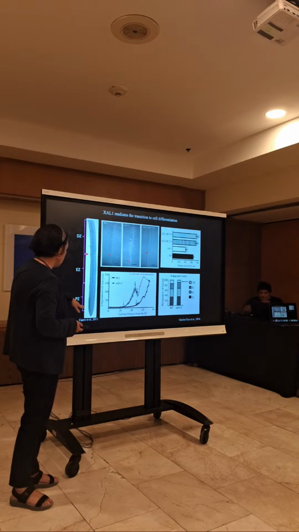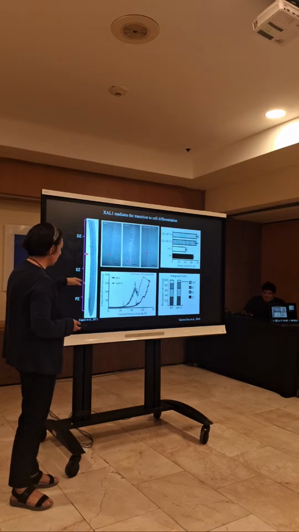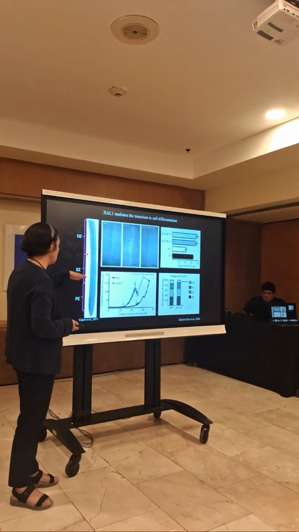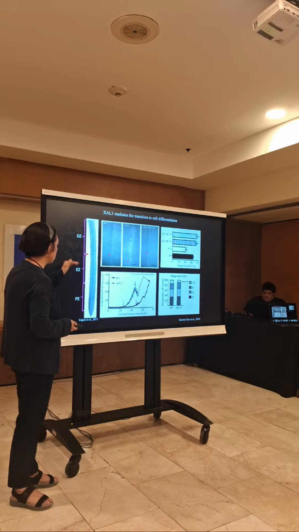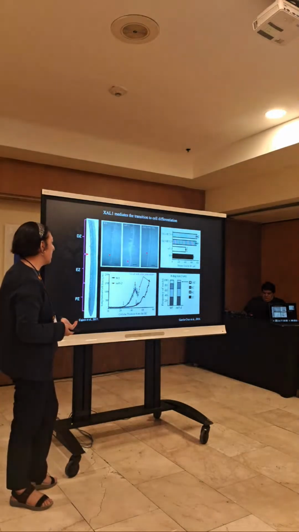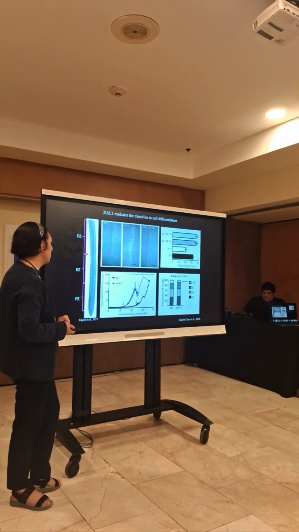And it is known that there is a correlation with getting into the endocycle. So the differentiated cells start elongating because they have this endocycle and not the normal mitotic cycle.